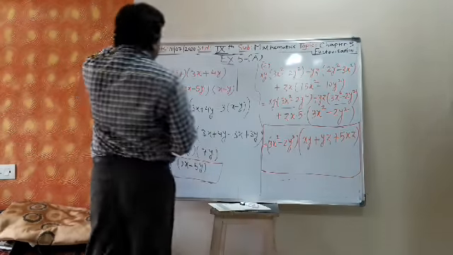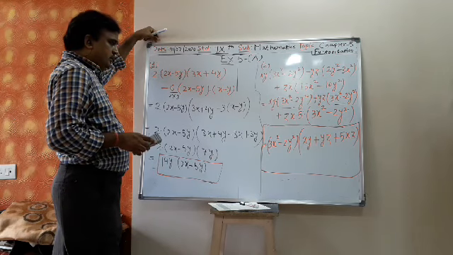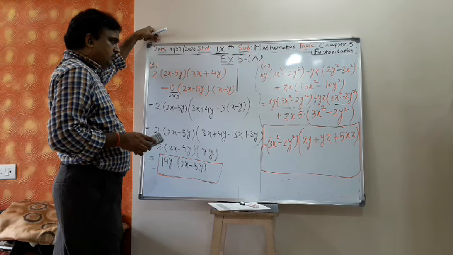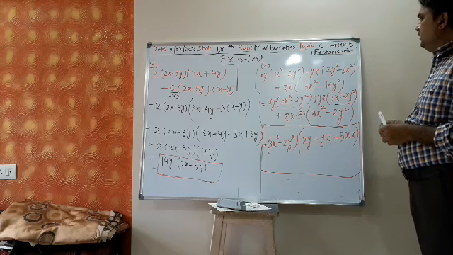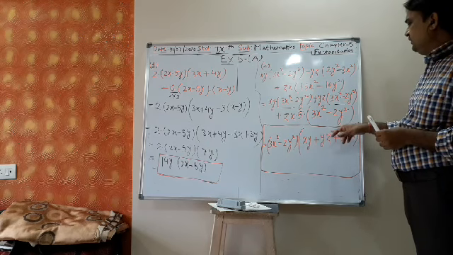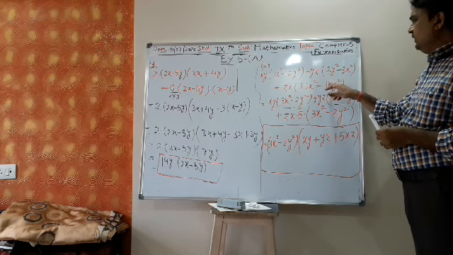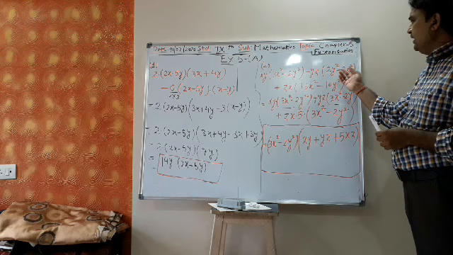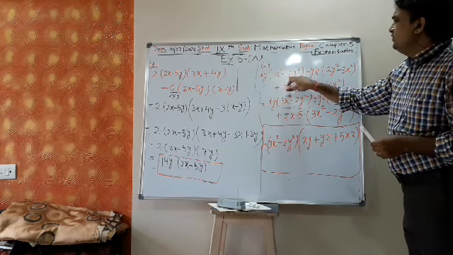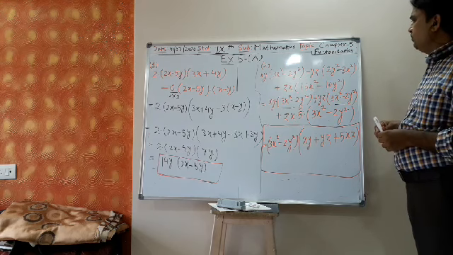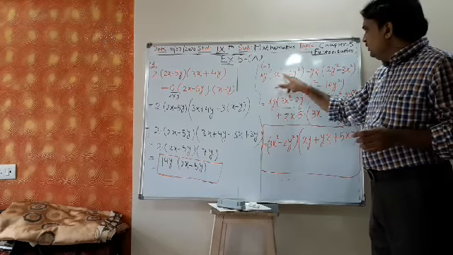Factorize. Yes, ask. Now see, in this part you are rewriting the term, because there it is 3x square minus 2y square. Yes, you can rewrite this.